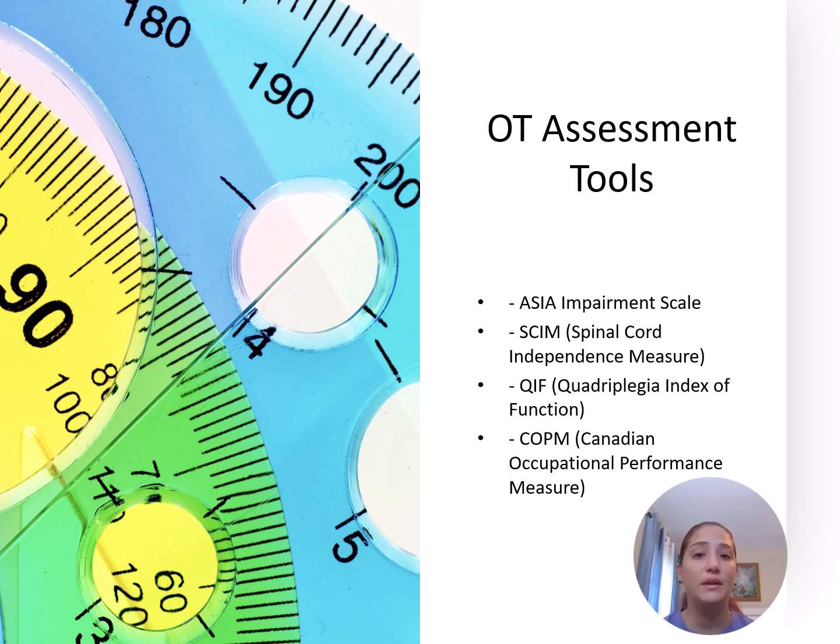The Spinal Cord Independence Measure, this comprehensive tool assesses functional recovery in various ADLs, including self-care, mobility, and social domains. The Quadriplegia Index of Function is a functional assessment especially designed for individuals with high levels of spinal cord injury. And the Canadian Occupational Performance Measure, which helps clients set meaningful goals in their recovery journey.